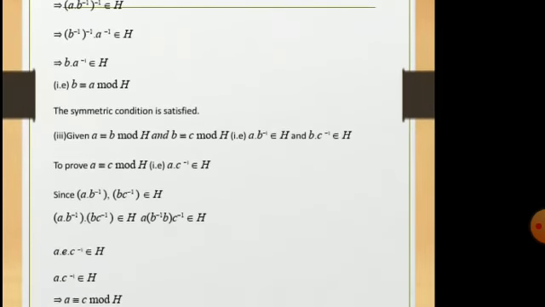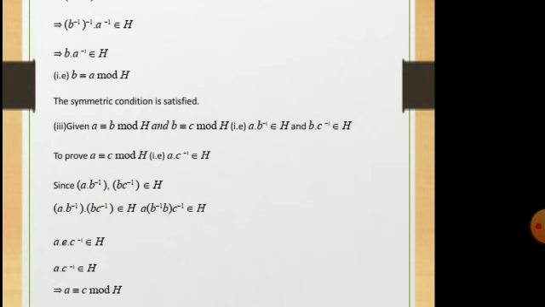The third one is transitive. Given a is congruent to b mod H and b is congruent to c mod H, that is a b inverse belongs to H and b c inverse belongs to H. To prove a is congruent to c mod H, that is a · c inverse belongs to H. Since a b inverse and b c inverse belong to H, by the closure property, a b inverse · b c inverse also belongs to H. Or we can associate b inverse with b, we will be getting e.